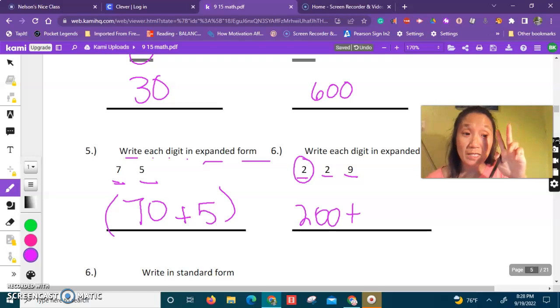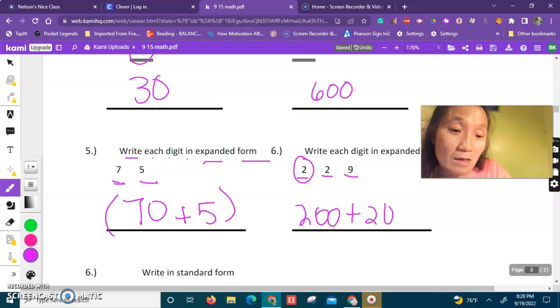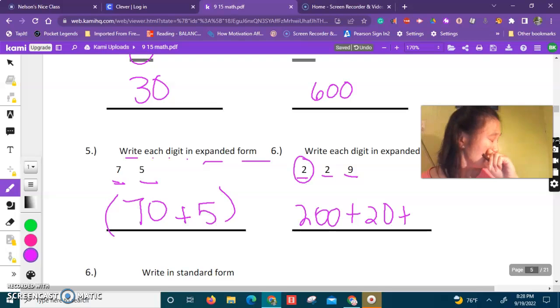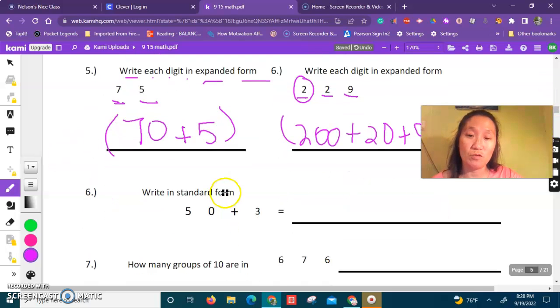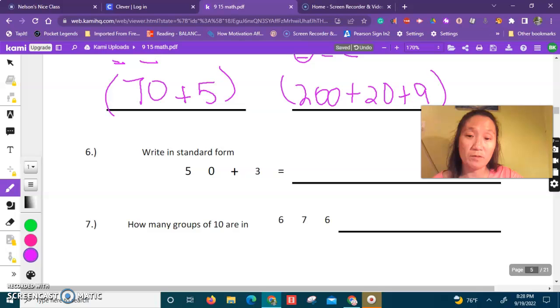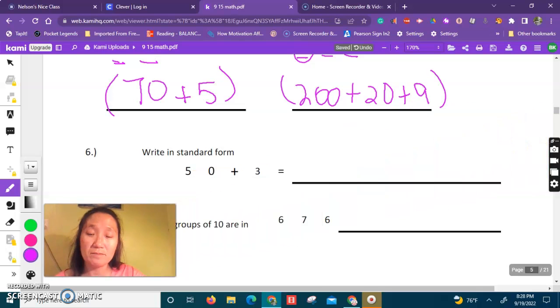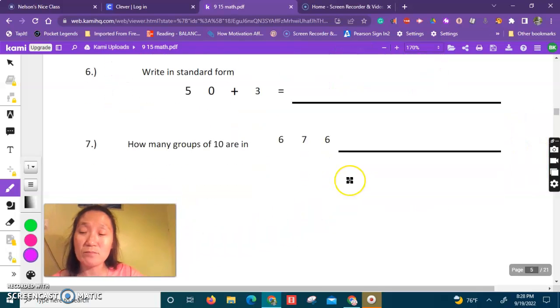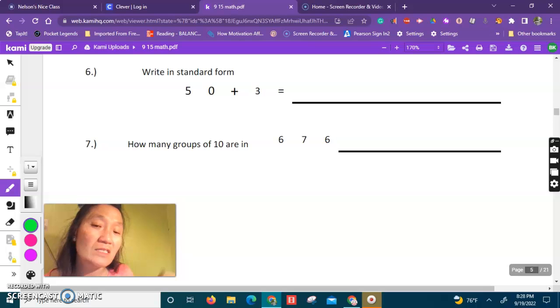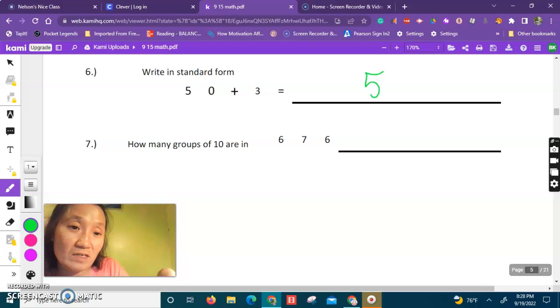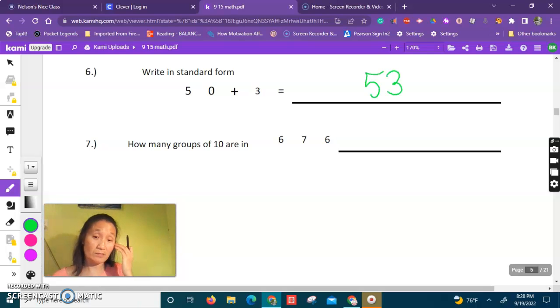Plus 2 tens is 20, plus a 9. Scrolling down, I have 50 plus 3, and 50 plus 3 more is going to be worth 53.